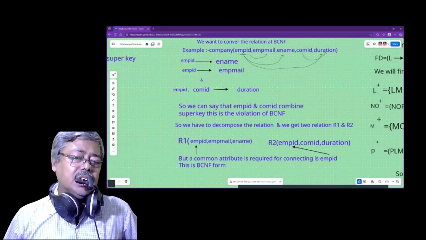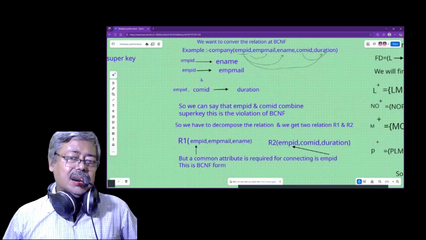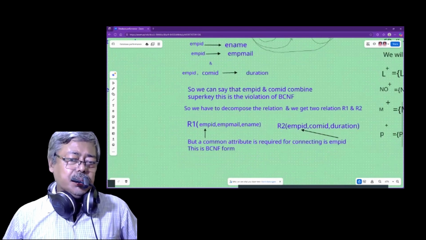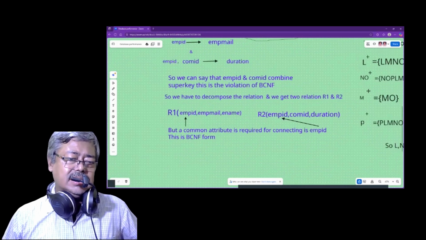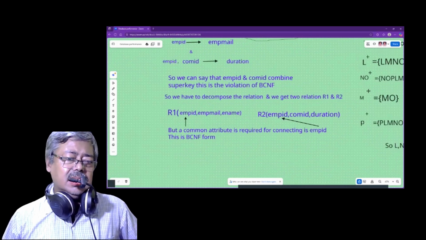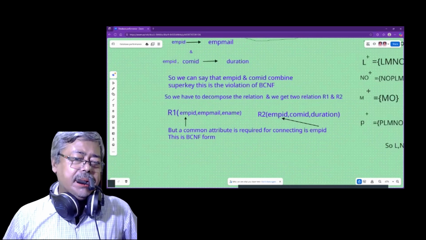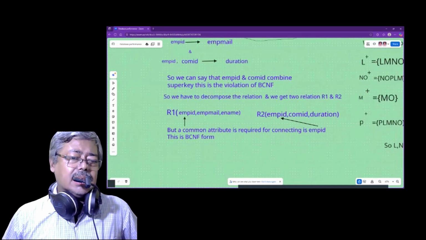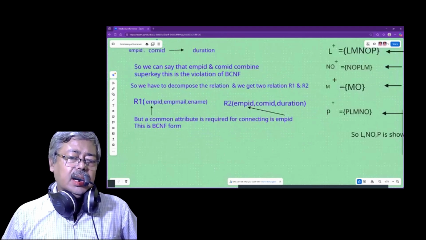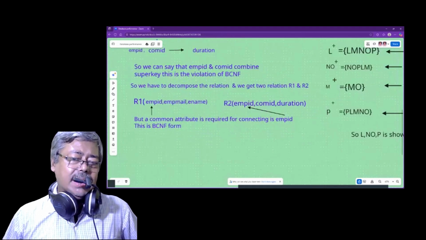This is a violation of BCNF. So what do we have to do? We have to decompose this relation into two relations. One is EMP ID, EMP name, and EMP mail, named R1, and another relation R2 taking EMP ID, COM ID, and duration.